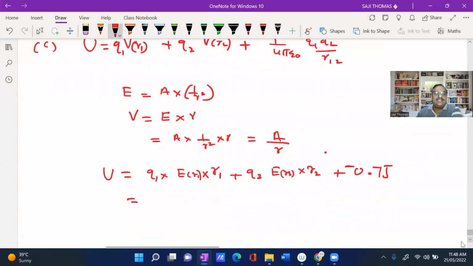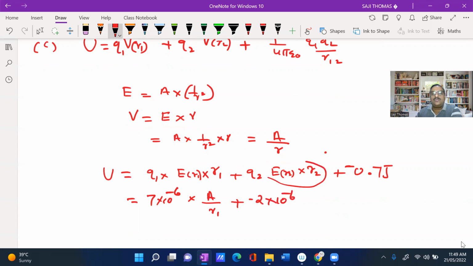So you can write here 7 into 10 raised to minus 6, and E into R1 is the potential we found out here, that is A by R1, right? Plus Q2, minus 2 into 10 raised to minus 6, and this E into R2 is A by R2, right? Minus 0.7 joule. The unit you write later.